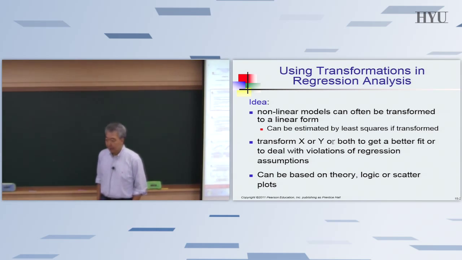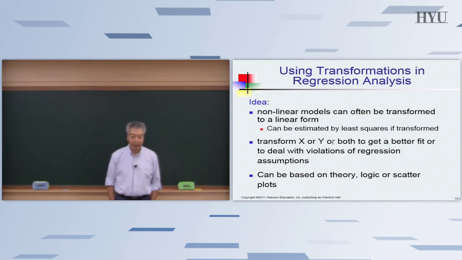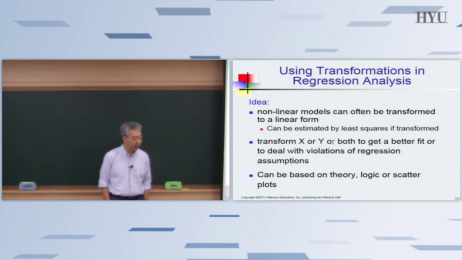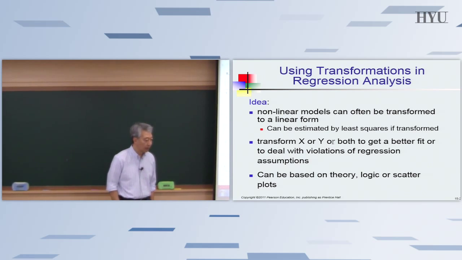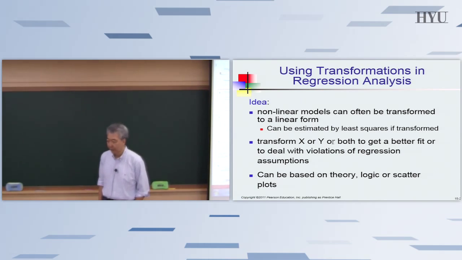The ultimate goal is to find the best model to predict your dependent variable. We talked about dummy variables and interaction terms already, but in chapter 15, we're going to go a little further and talk about how to refine our model.